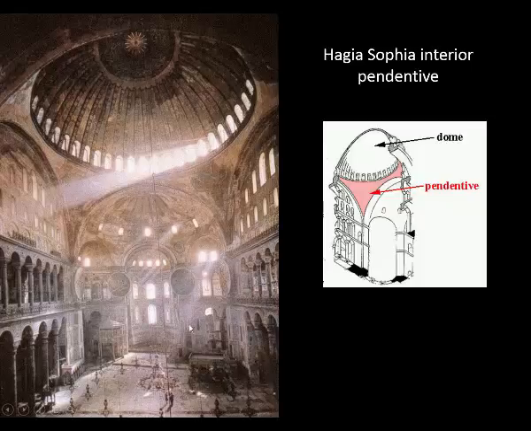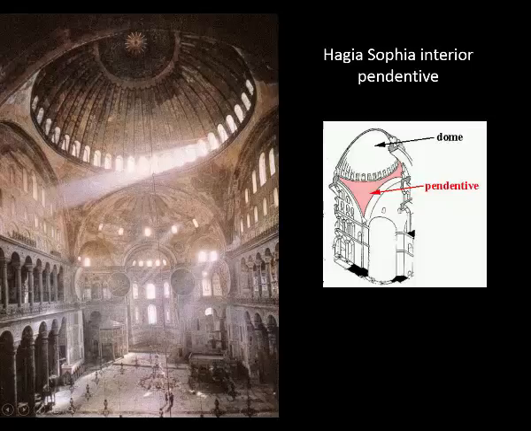How do we make this transition visually as well as spatially from square to circle? The Byzantine architects invent a solution to this, which is called the pendentive. The pendentive was invented in the Byzantine period, and it is a substantial contribution that they make to architecture. You can see in the drawing here. It's based on the principle of the arch.